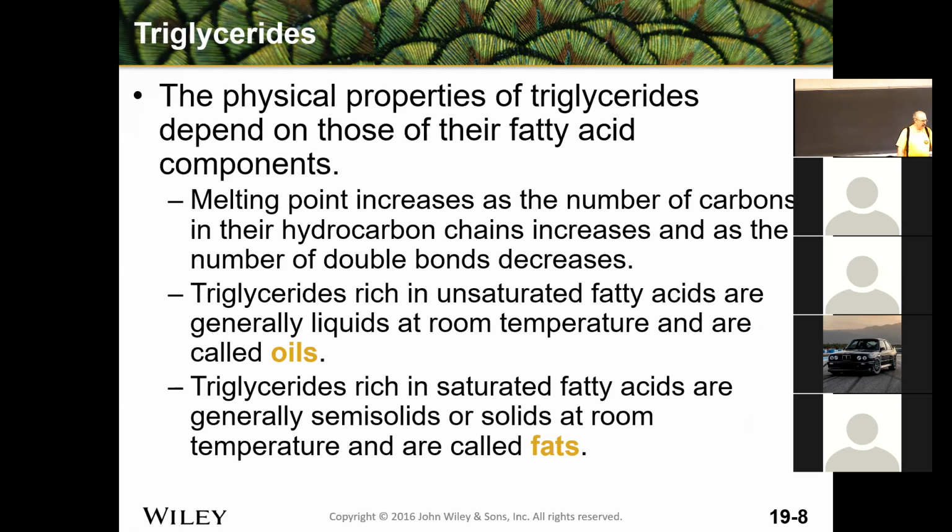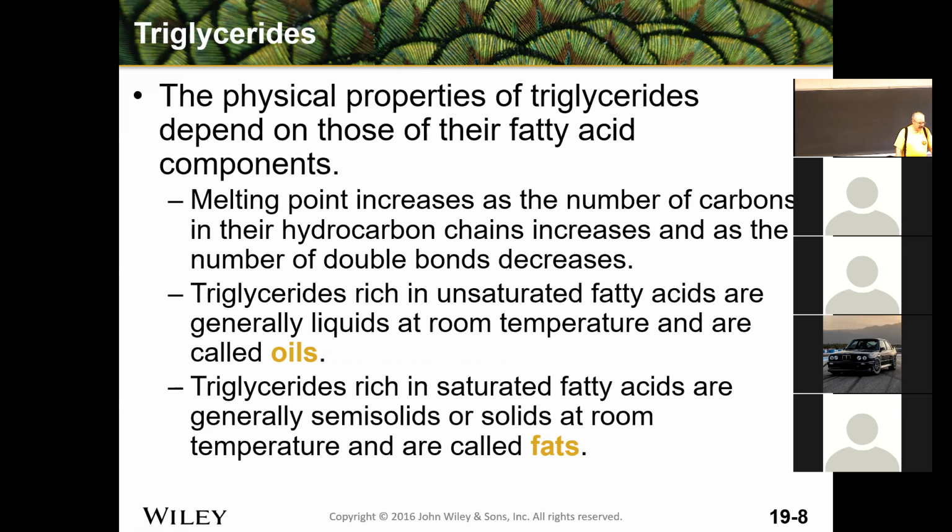The physical properties of the triglycerides depend on the fatty acid components. The melting point increases as the number of carbons in the hydrocarbon chains increases and the number of double bonds decreases. Triglycerides rich in unsaturated fatty acids are generally liquids at room temperature and are called oils.